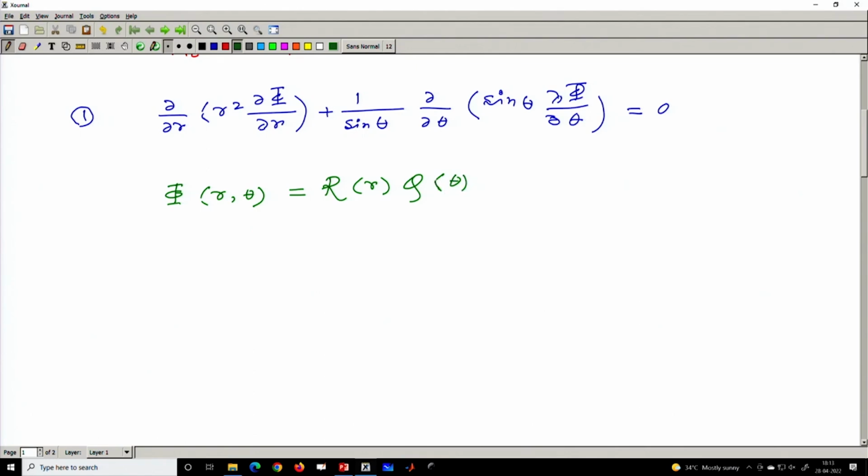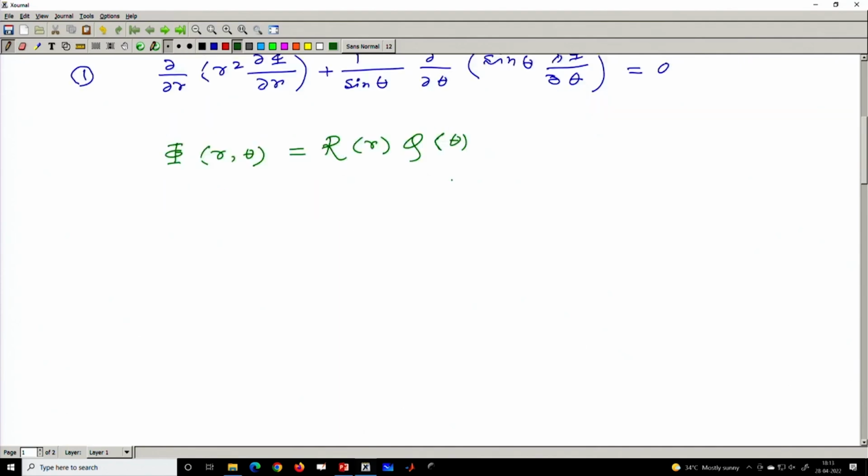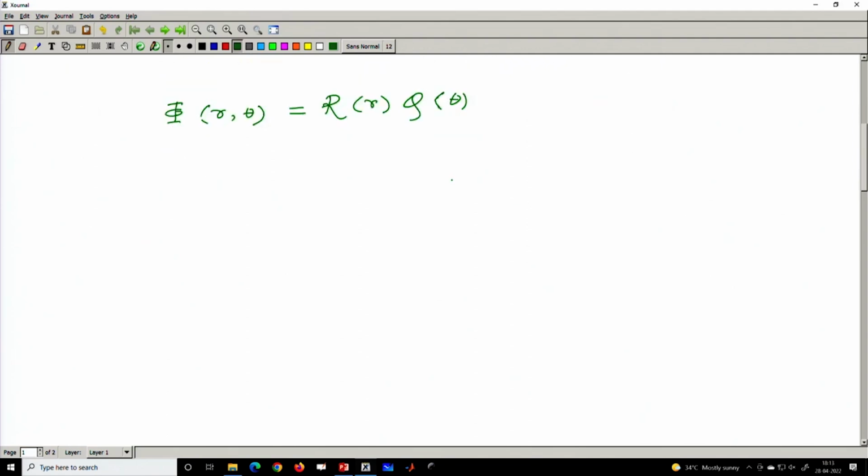If we put that in this equation 1, one can simply have 1 divided by r, d dr of r square dR dr, because Q is a function of theta.